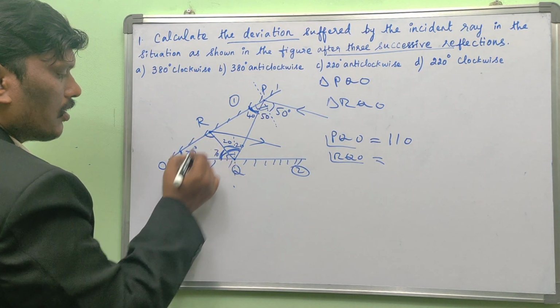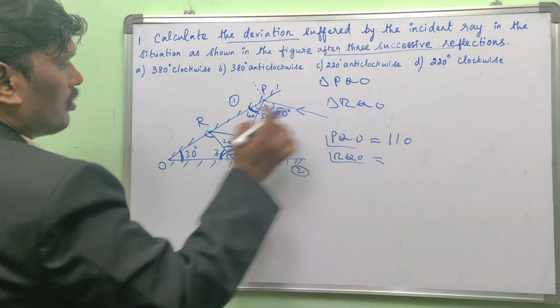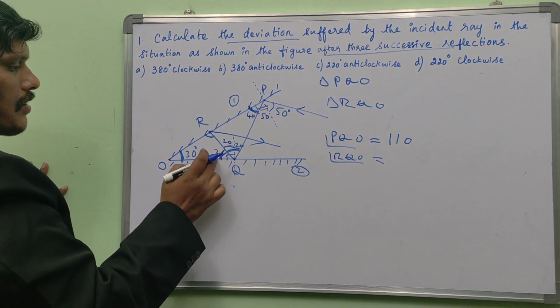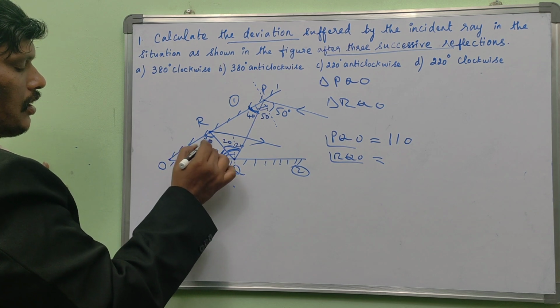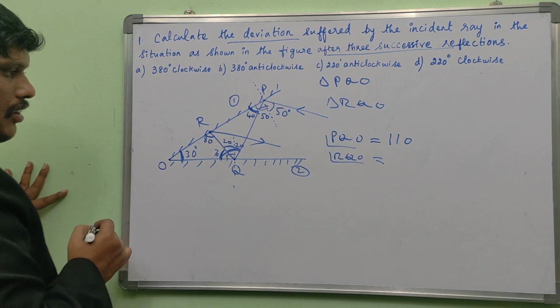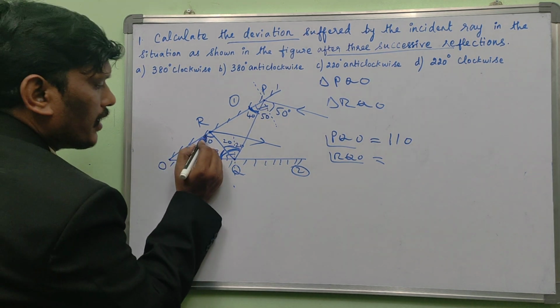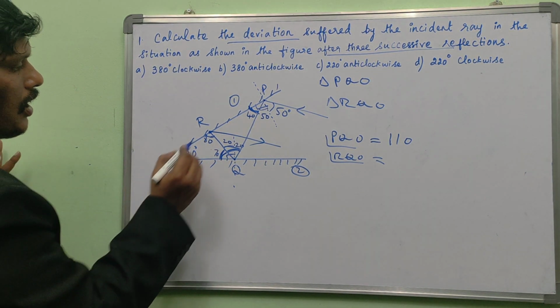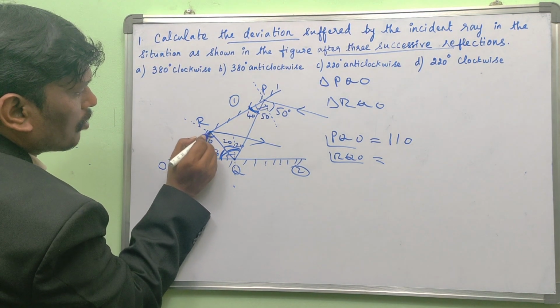Then what about this angle? In triangle ORQ, 70 and 30 make 100. The remaining angle is 80. Why? Because of the angle sum property of a triangle: 30, 70, 100 plus 80 is 180. So this is 80 degrees. Now at this point of incidence R, I'm going to draw a normal.